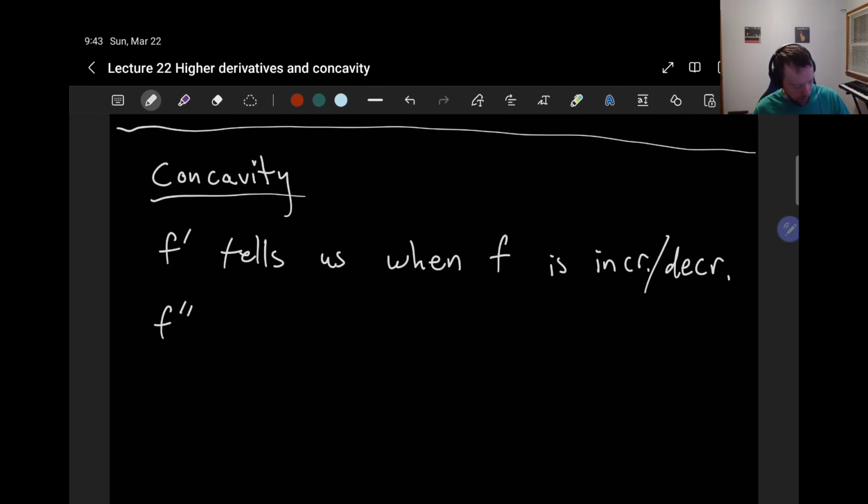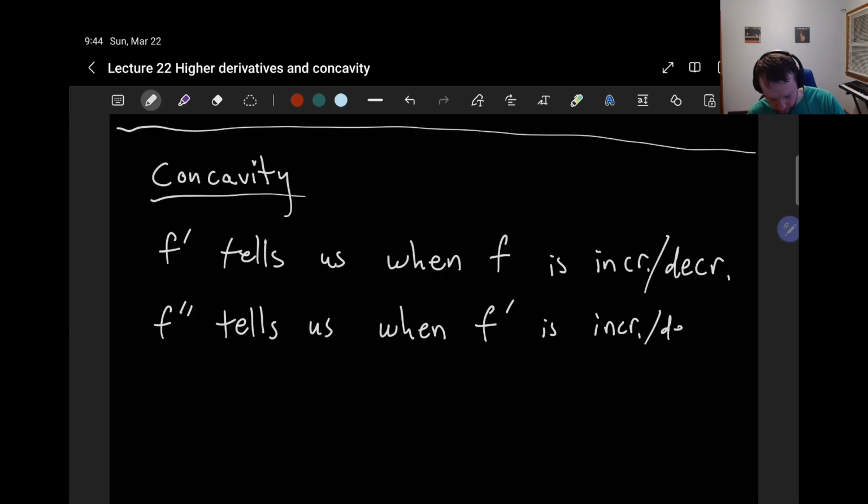And then f double prime, the second derivative, well, by the same logic, it tells us when f prime is increasing or decreasing. That's because f double prime is the derivative of f prime.